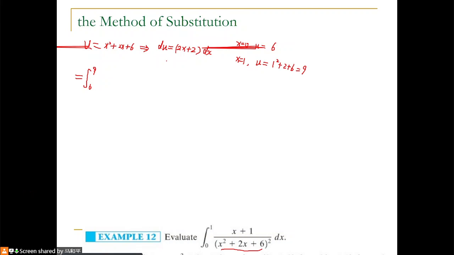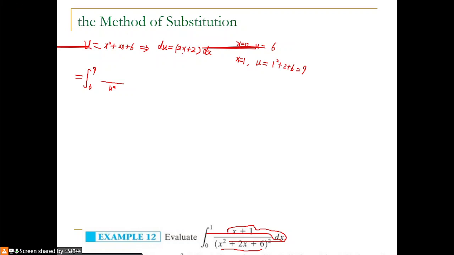And here x plus 1, the denominator, this is u squared, right? u squared, and (x plus 1) dx.